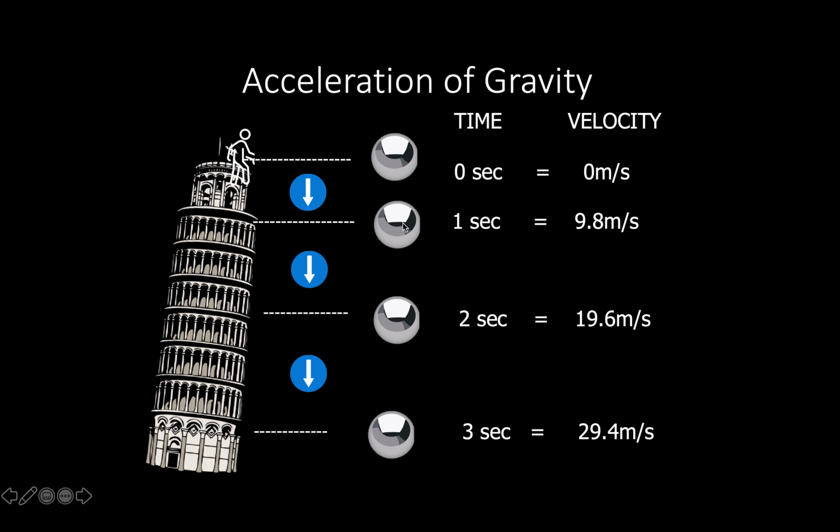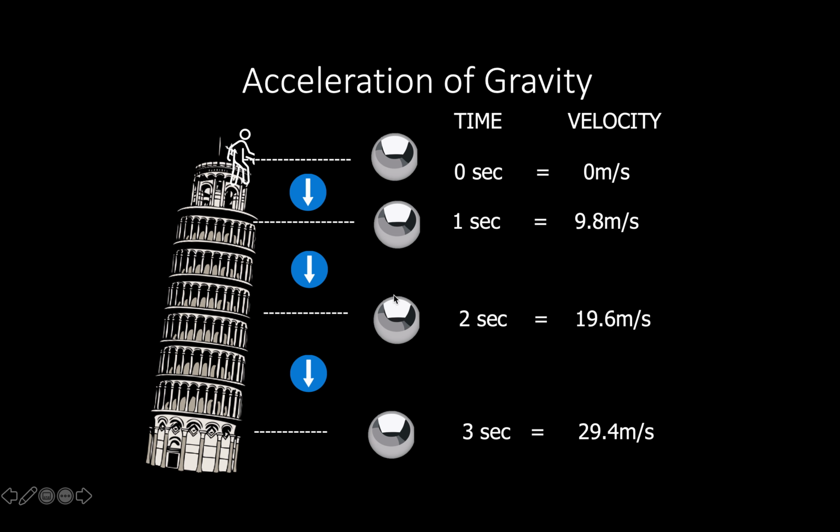If this ball continues to fall, at the 2-second mark it's going to be traveling at 19.6 meters per second. So it's speeding up. It's accelerating. All right, and we know that it's accelerating at the rate of 9.8 meters per second squared.